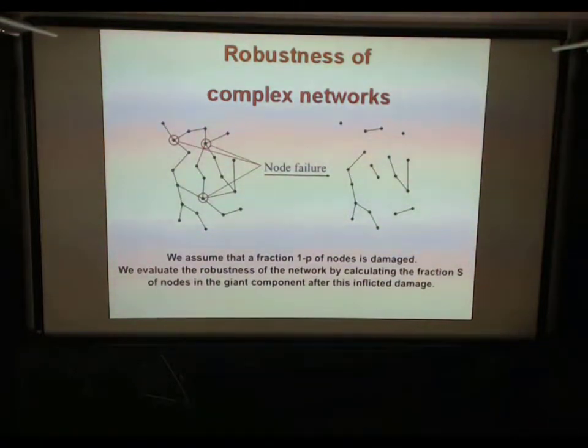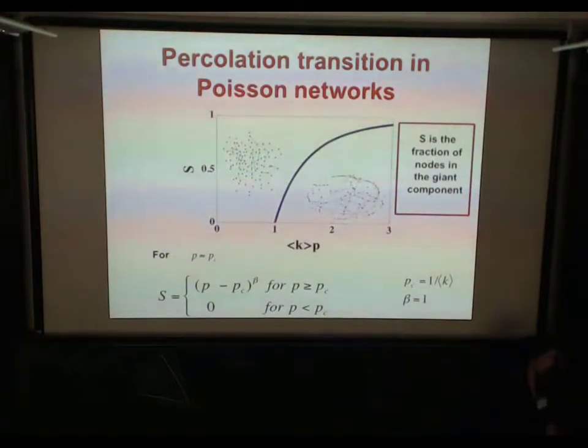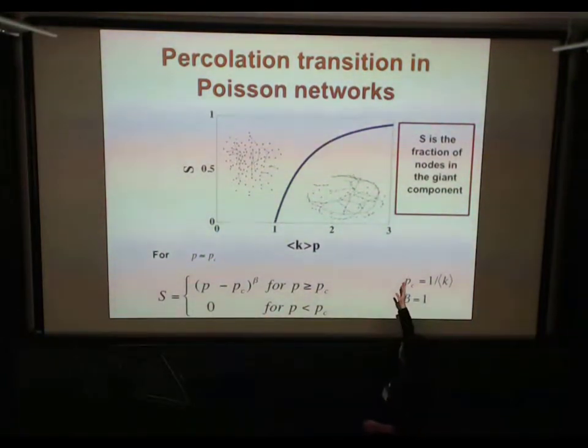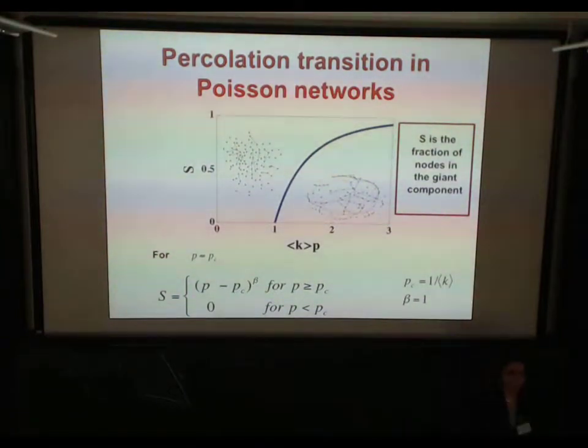of this system. For Poisson networks, as you start to damage, going from high p to low p, the fraction of nodes in the giant component decreases continuously. And at a certain moment, at k average equal 1 over c, the network is completely disrupted and dismantled.